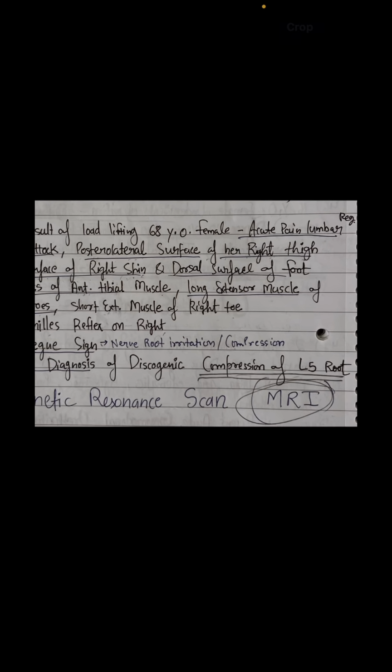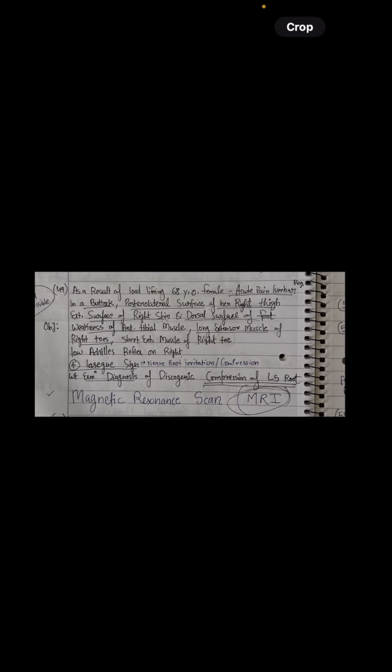So it says low Achilles reflex and a positive Lasegue sign, which I have also included in the first video. The patient reports pain on elevation of the leg, so the Lasegue sign is positive. This sign shows nerve root irritation or compression.